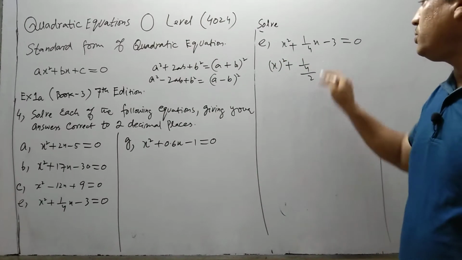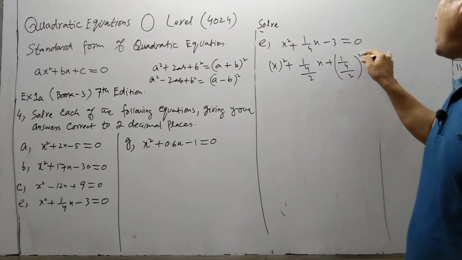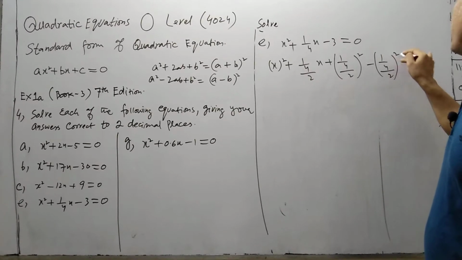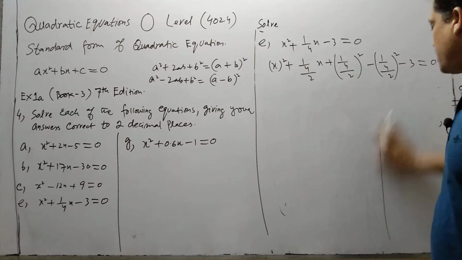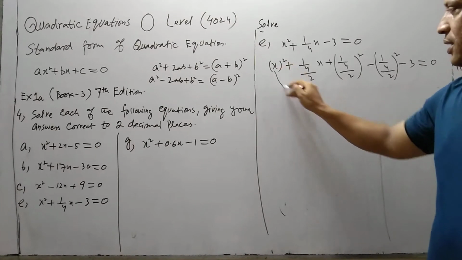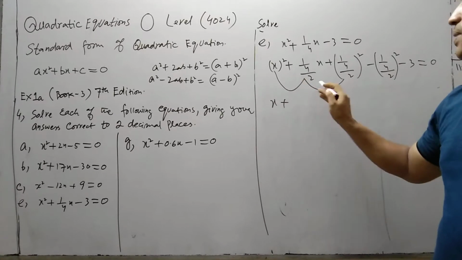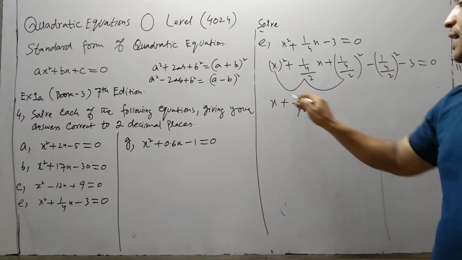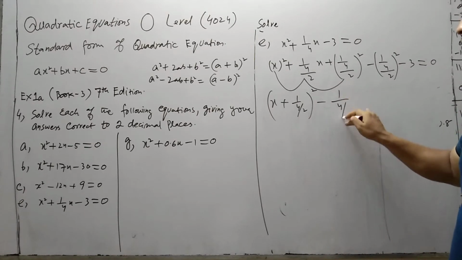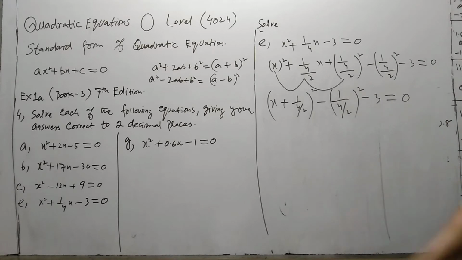Divide this by 2, (1/4 ÷ 2)², with plus and with minus, −3 = 0. Then this is your a², this is 2ab, this is b². So a² + 2ab + b² is (a + b)² − (1/4 ÷ 2)² − 3 = 0.